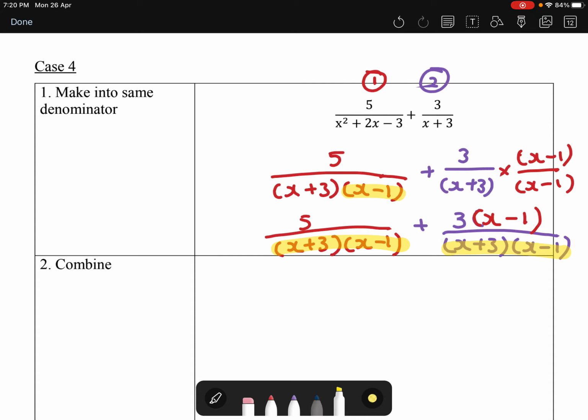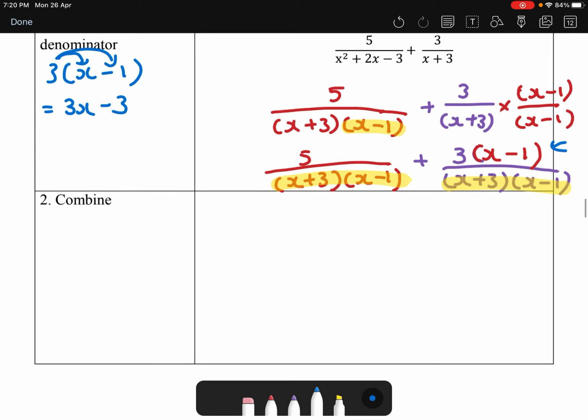All I need to do is manipulate the top of my second term. Using the rainbow method, 3 times x minus 1: 3 times x is 3x, 3 times minus 1 is minus 3. So now we are ready to go.